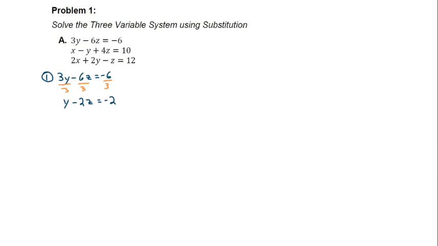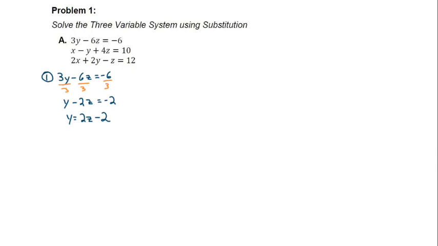Notice how that gets alone. And so all I got to do is move that 2z to the other side, so y equals 2z minus 2. So that's step 1. Y has been isolated. We solve for one of the variables. Now, I got to take that y and plug it in right there and right there.